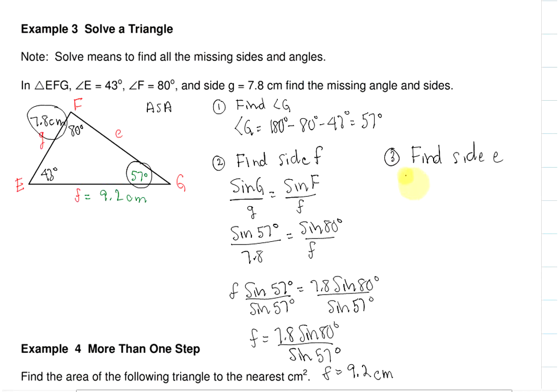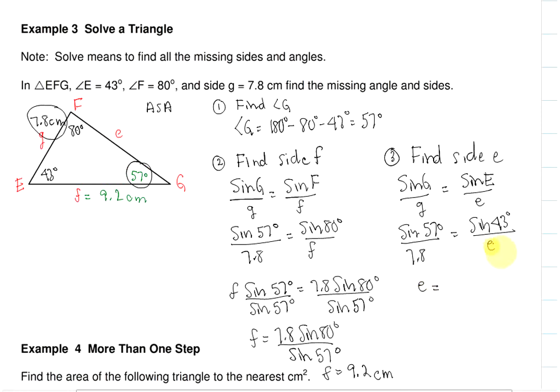Okay, so I'm going to go sine of G over G equals sine of E over E. And so sine of 57 over 7.8 is equal to the sine of 43 degrees over E. Okay, and I'm going to take a little bit of a shortcut here. I'm going to solve for E right away.